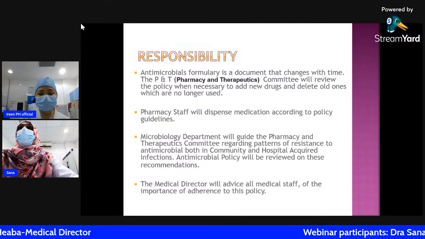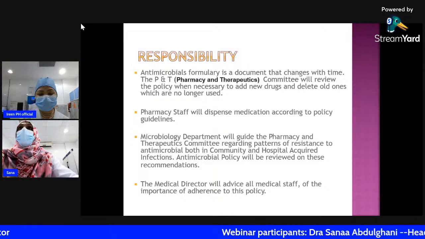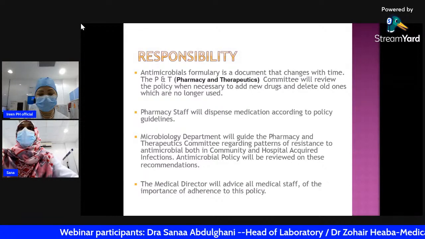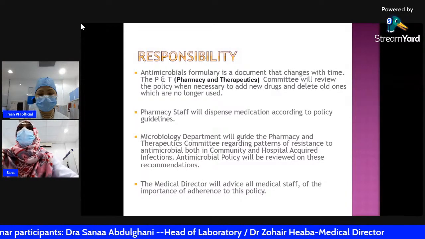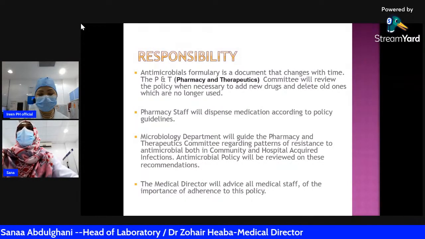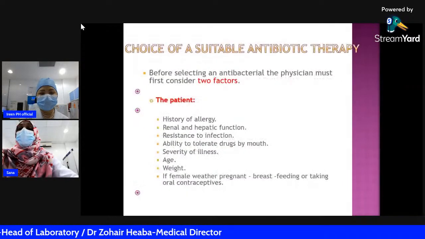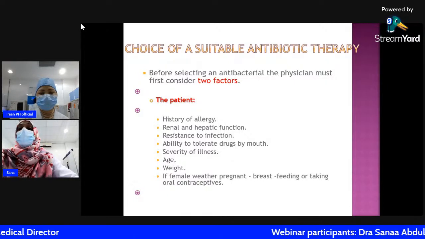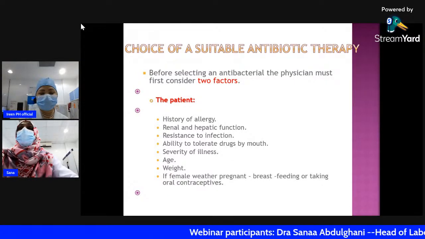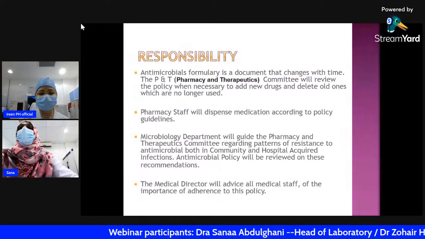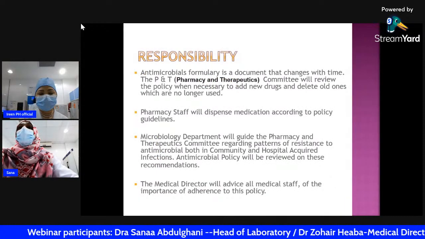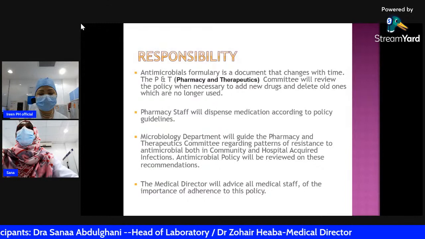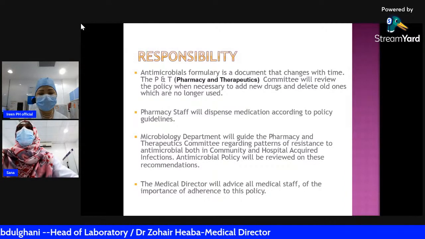All this helps the pharmacy staff and the pharmacy and therapeutic committee make decisions and make the policy. According to the microbiology department results, this committee can change the policy. The medical director will advise all medical staff of the importance of adherence to this policy.